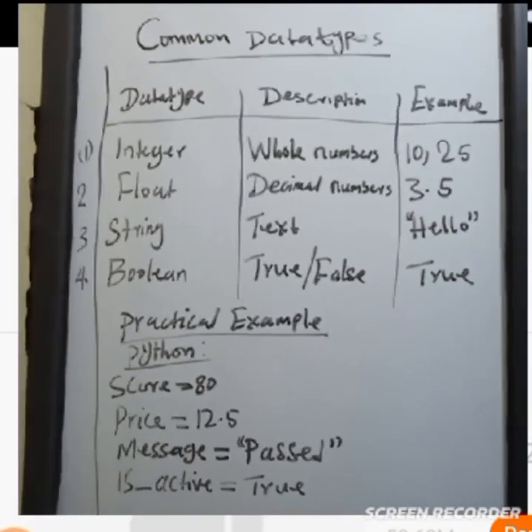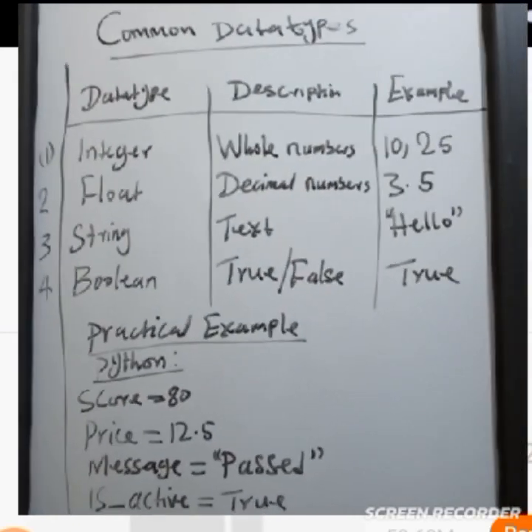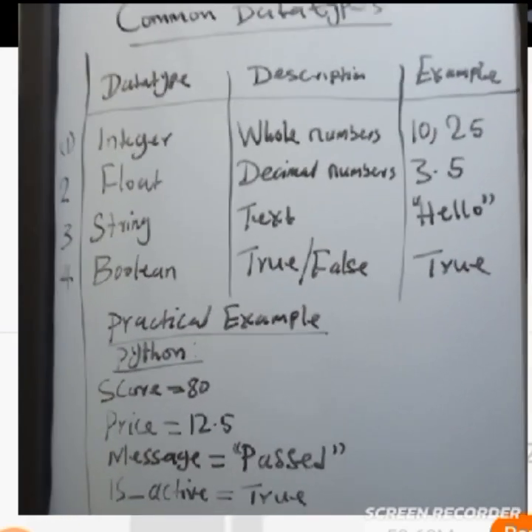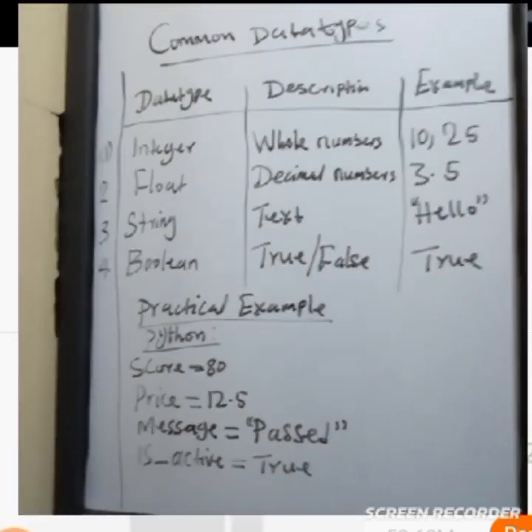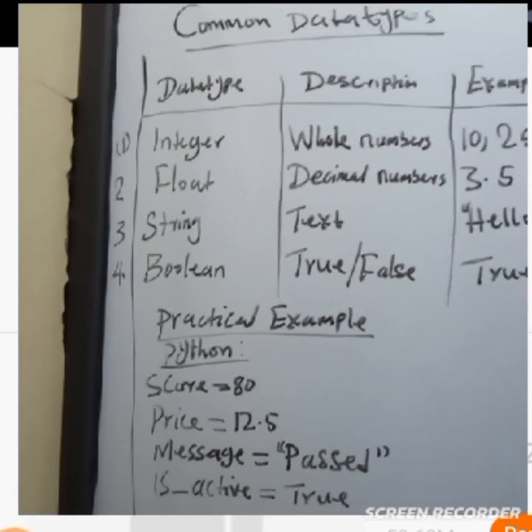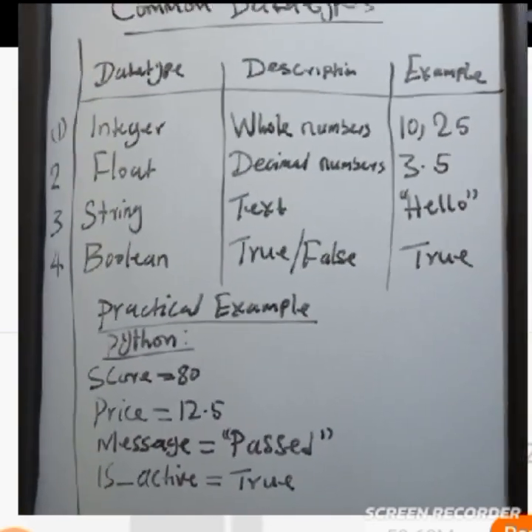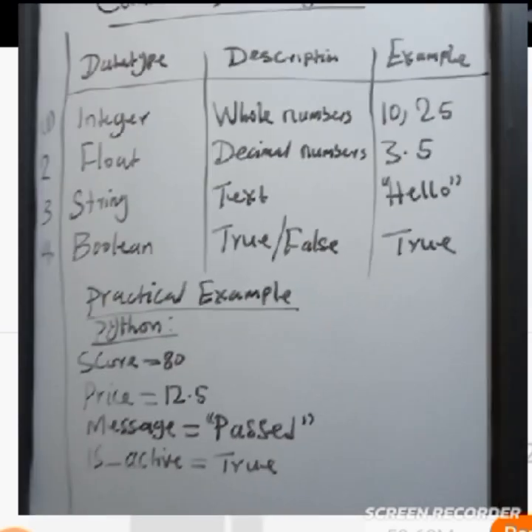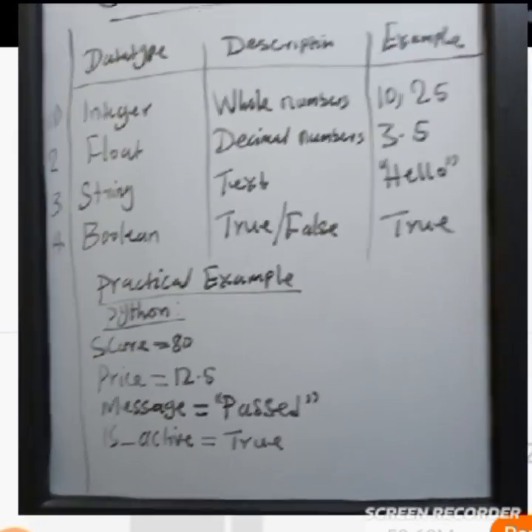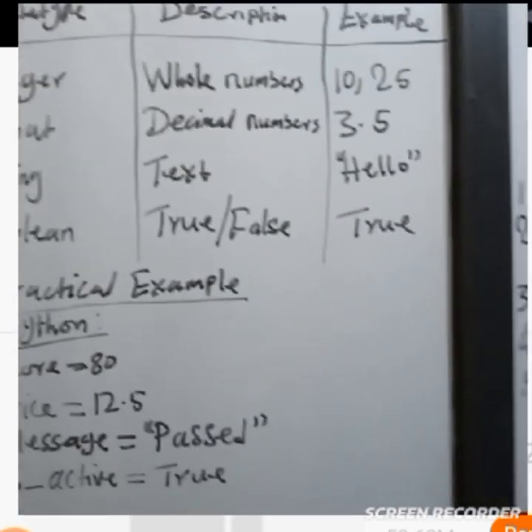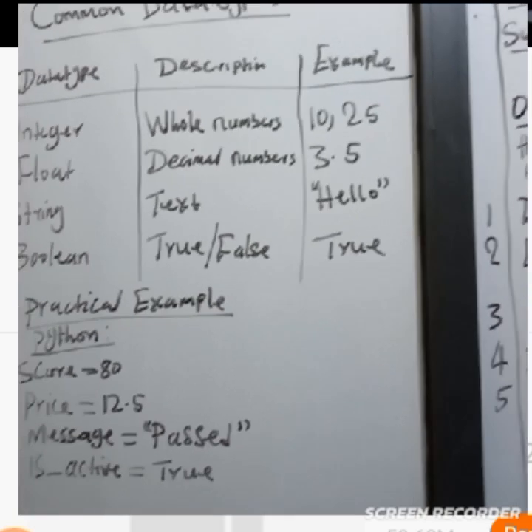Common data types. Copy these common data types to your notebook. The common data types that we have on the board: number one, we have the integer. Integers are whole numbers. Example: 10, 25.